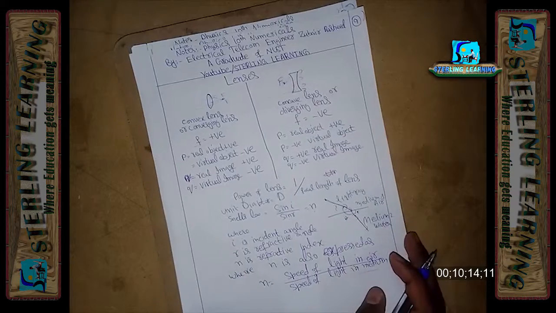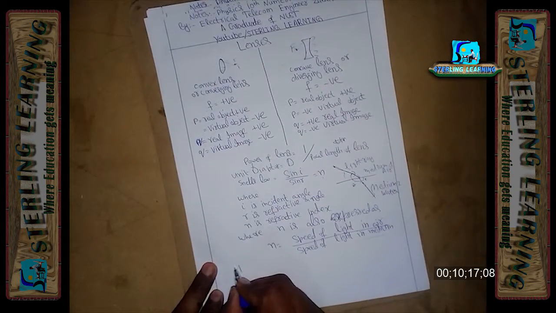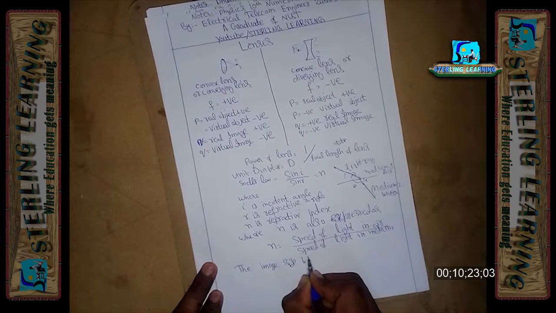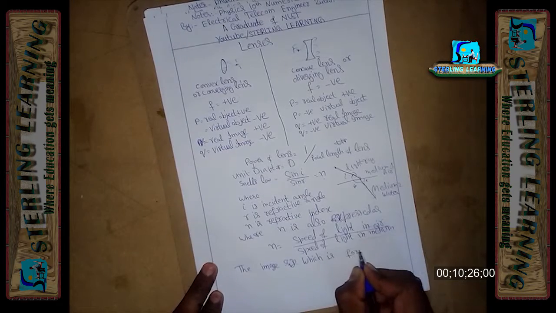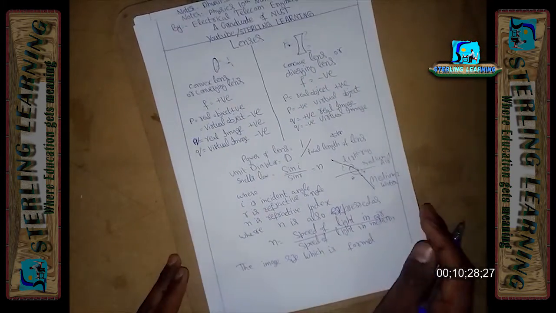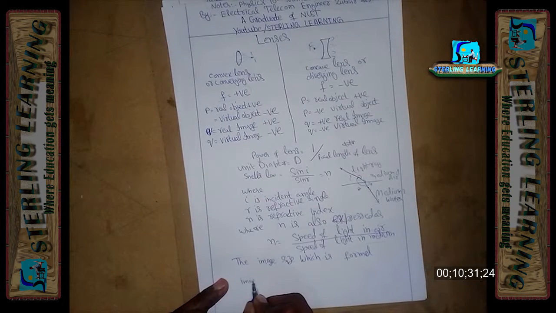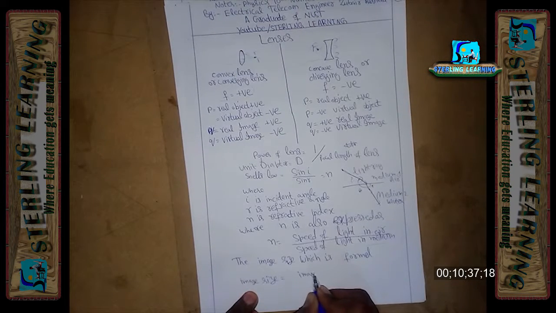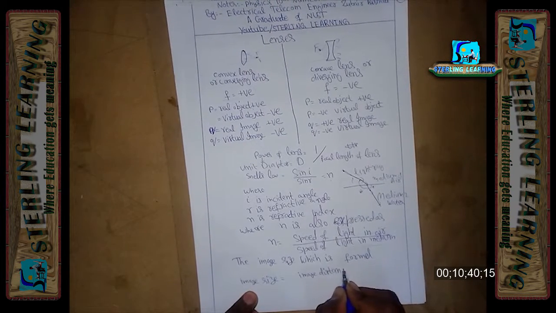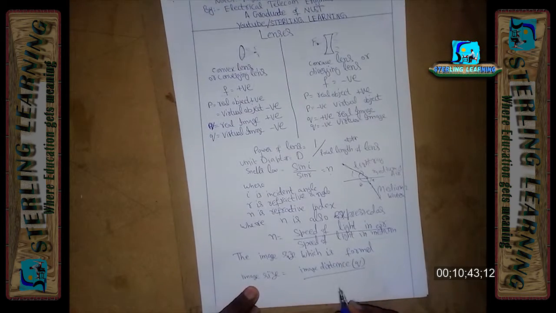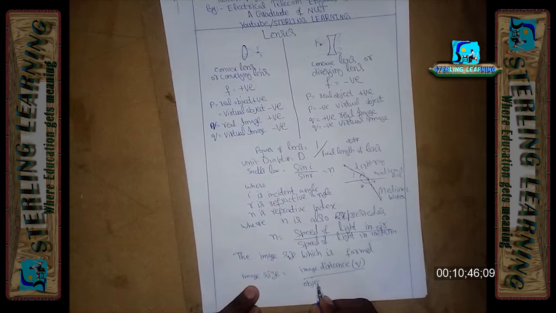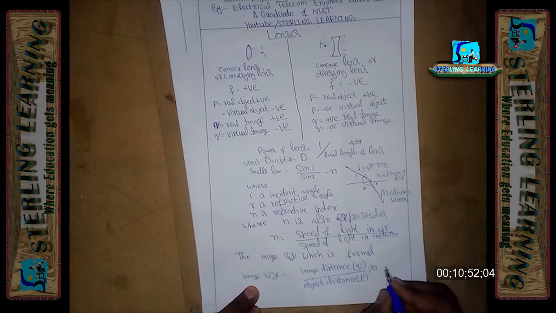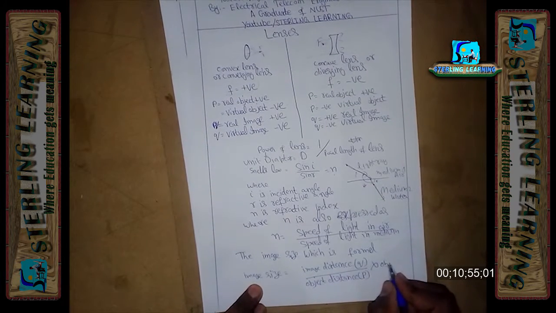The image size, the size of the image formed, can be calculated by: image size is equal to image distance, which is q, over object distance, which is p, into object size.